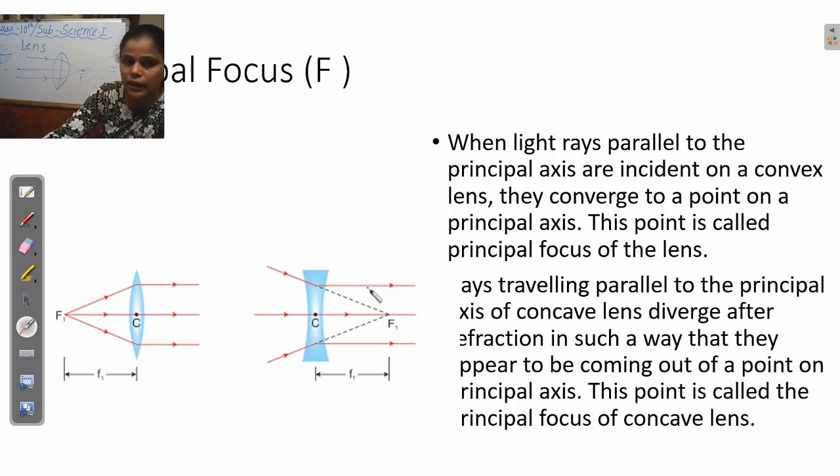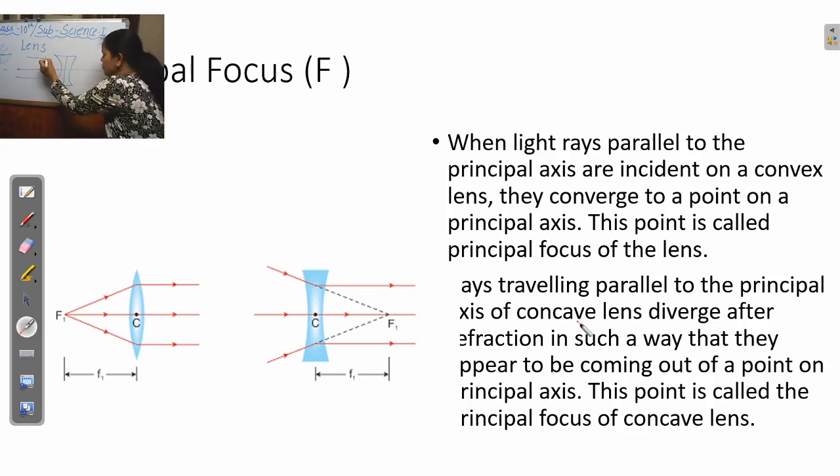It is the same in a concave lens. In a concave lens, consider light rays traveling parallel to the principal axis. Let me draw the diagram of a concave lens. Here, this is a concave lens, and this is the principal axis.